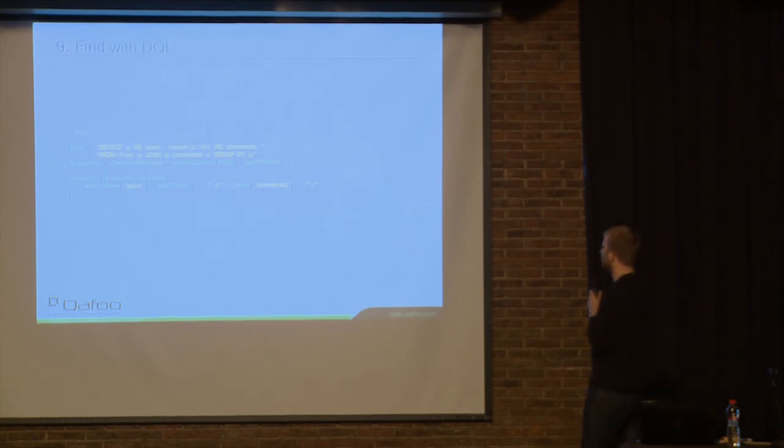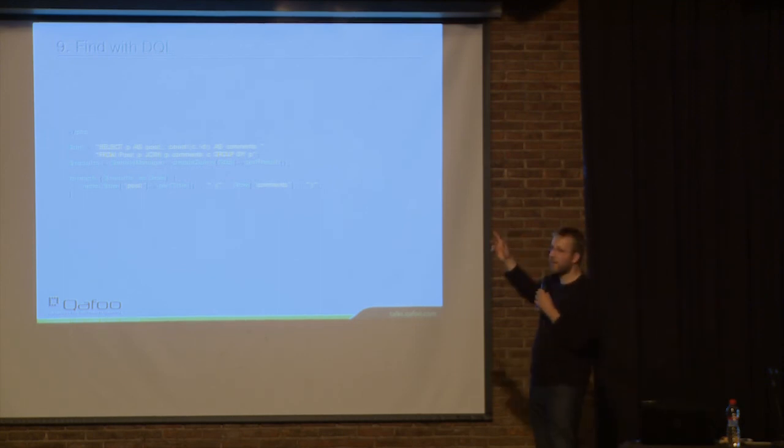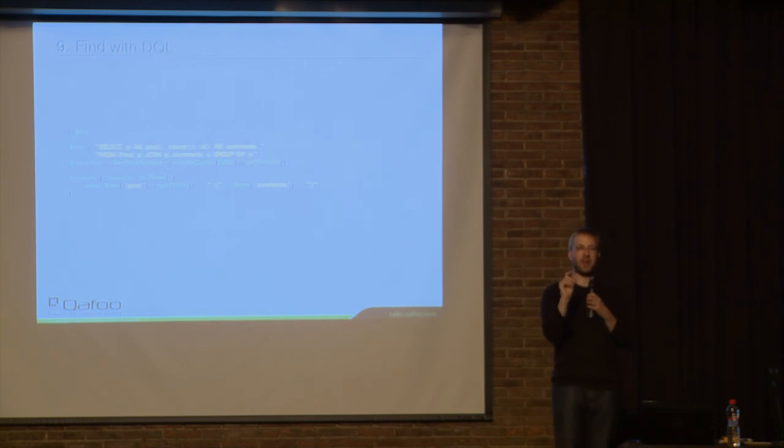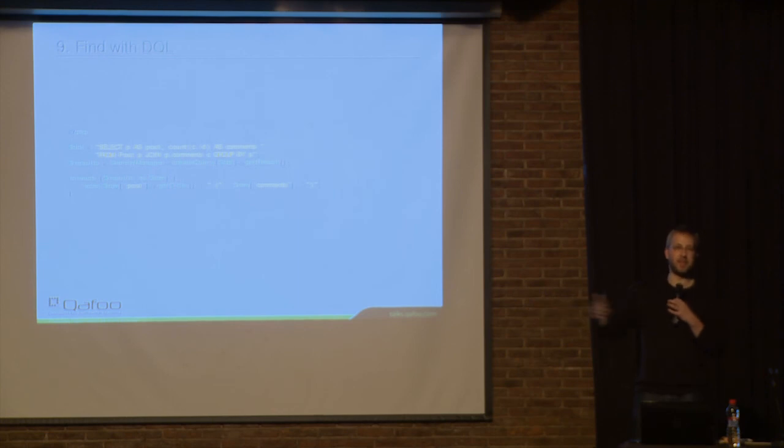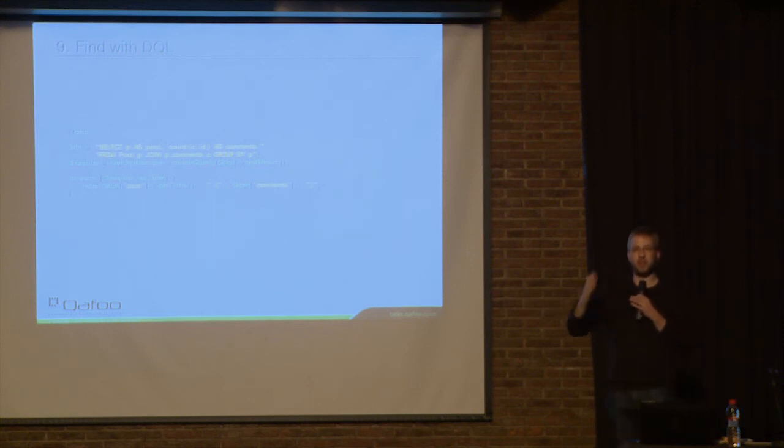So in our case, for example, the select statement only uses the alias of the class, P. So we define from our object Post and give it an alias P. And then we say we want to select this alias P. And Doctrine then knows that this means I want this object and it has all these different columns, and it generates an SQL statement with all these columns. So you don't have to explicitly say, I want this column, I want this column, I want this column. But it says, okay, you want them all because you want your post object.